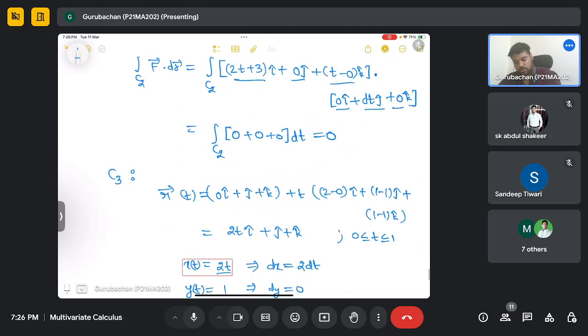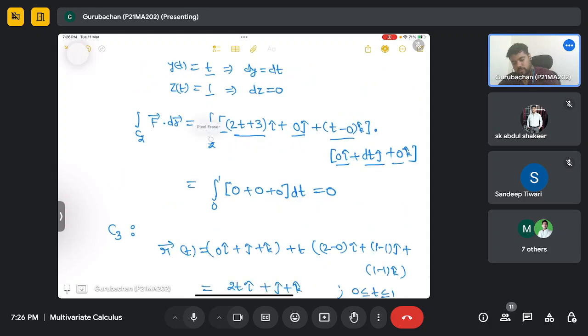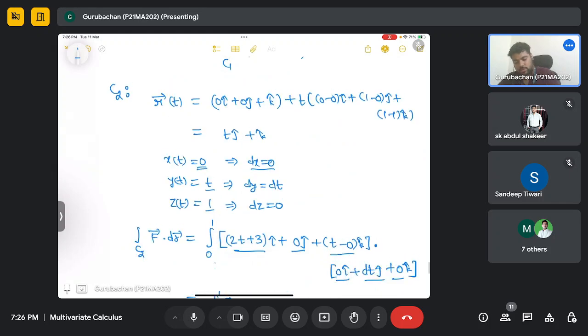So we can also correct the same in the above also. So 0 to 1, again 0 to 1, t lies between 0 to 1.